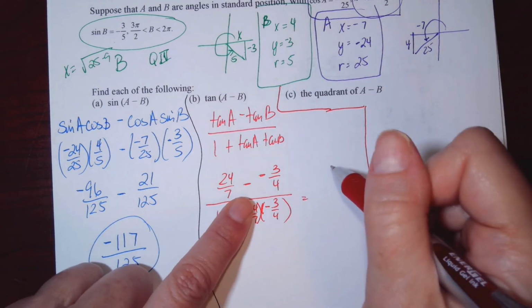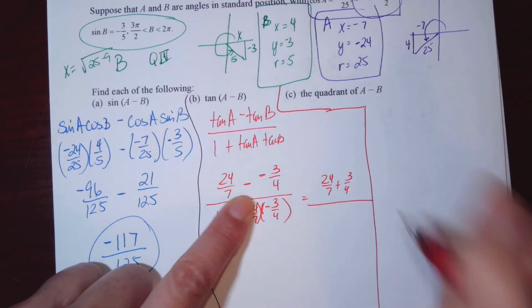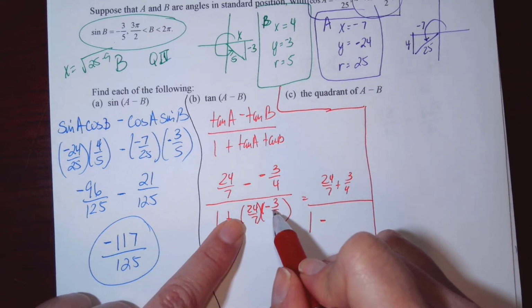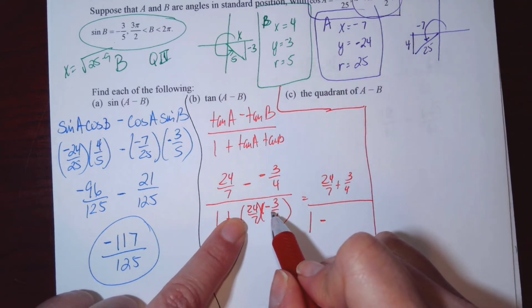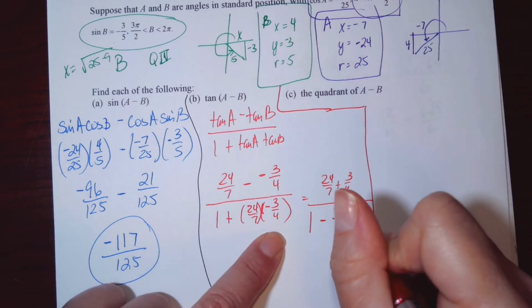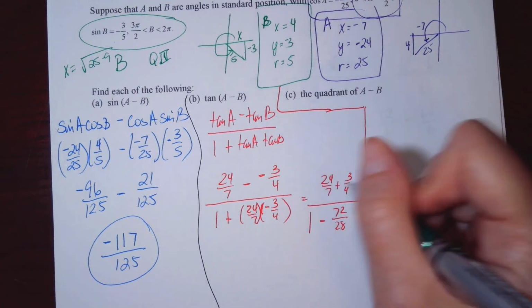So this becomes 24/7 plus 3/4 over 1 minus 24 times 3 comes out to be 72, and then 4 times 7 is 28. Now I'm going to have to clean this up, so I need common denominators everywhere.